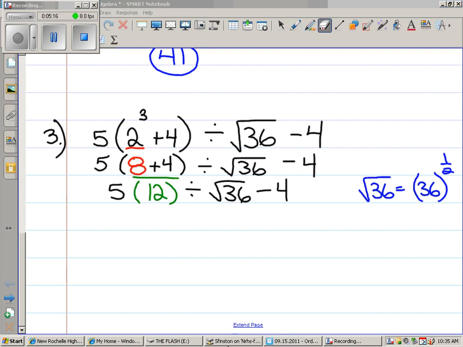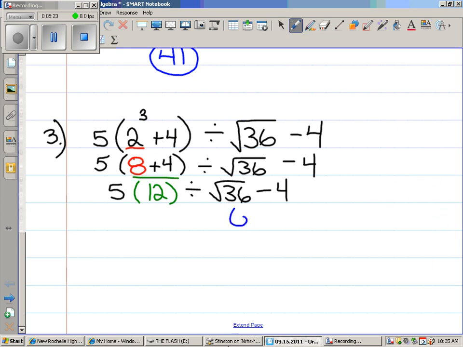We do the square root of 36. How much is the square root of 36? Yeah, the square root of 36 is 6, my friends. How do you figure it out? What times itself is 36? Now, this is the real confusing part, right? What do we do?